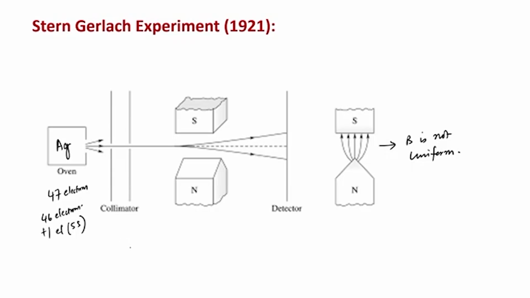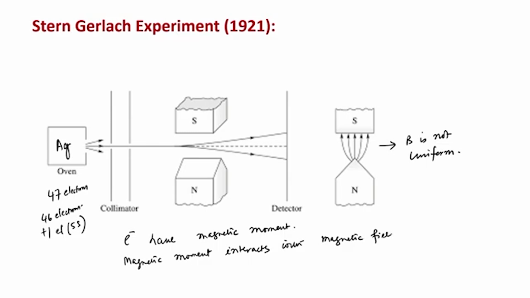So these electrons, e minus, have a magnetic moment, and this magnetic moment would interact with the magnetic field. So, let us see what happens because of that.